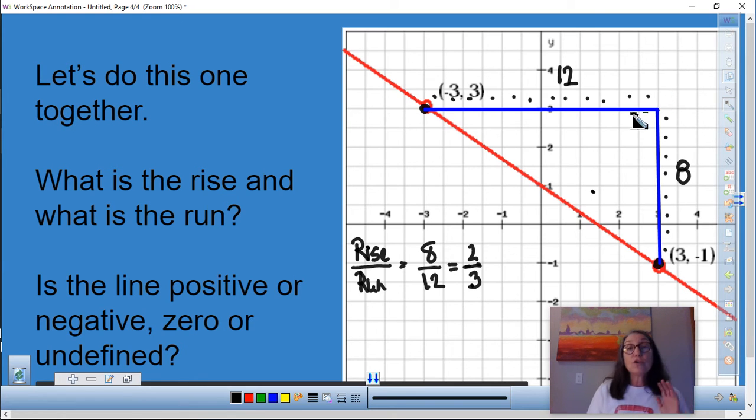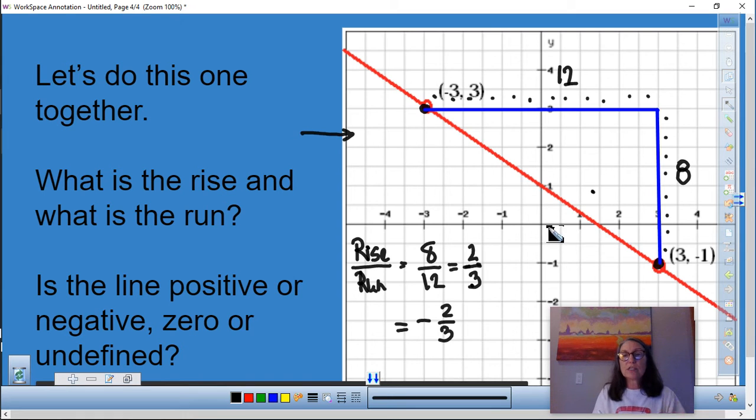Next, we have to look at this line and think about those 4 types of lines. As this line travels from left to right, it is decreasing. Therefore, the slope of this line is equal to -2 over 3.